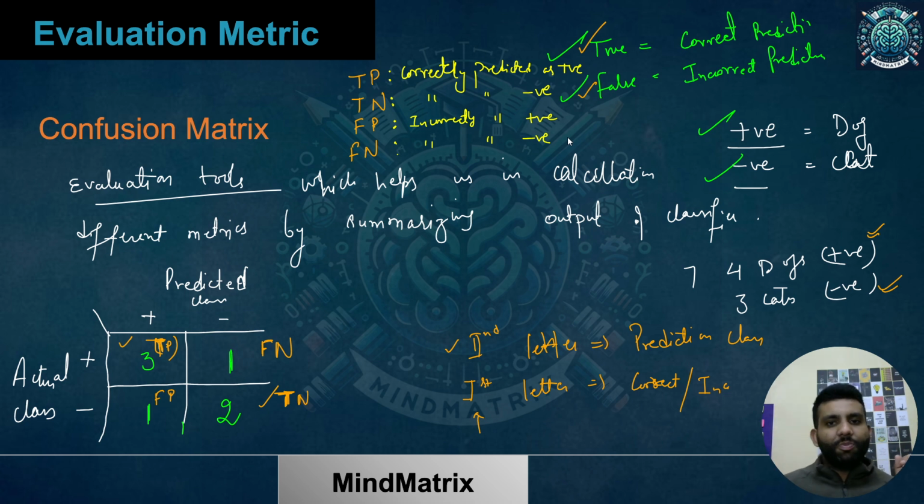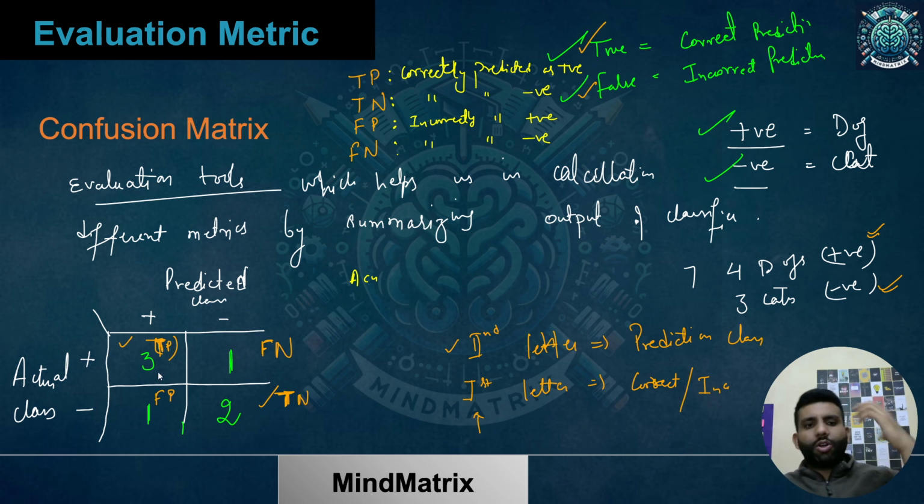Okay, so I hope this idea is clear, what exactly is true positive, false negative, false positive, true negative. Now if I ask you what the accuracy is, you can see the total data points were 7, and 7 outputs were captured. For correct predictions, 3 and 2: 3 for the positive class, 2 for the negative class.